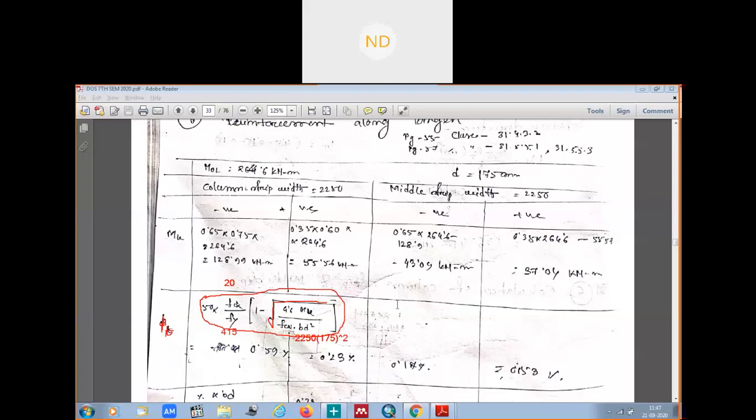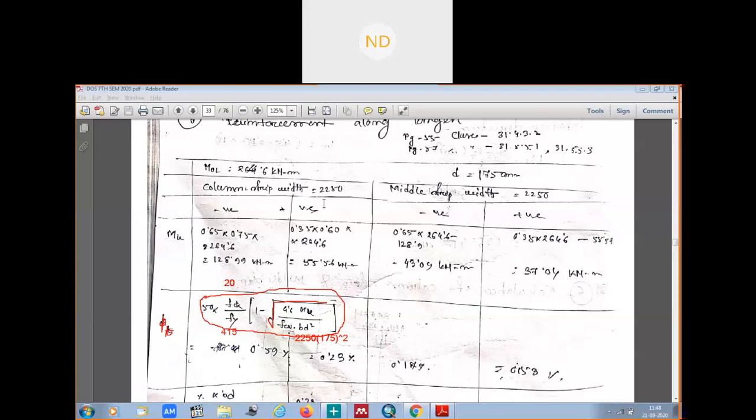For the positive moment, you will get it for the middle strip also. You will get your percentage of steel along with the negative moment, for the positive moment. So in this way, you can calculate separately. For the middle strip, again it will be the same thing, 50 fck by fy into 1 minus root over 4.6 Mu.